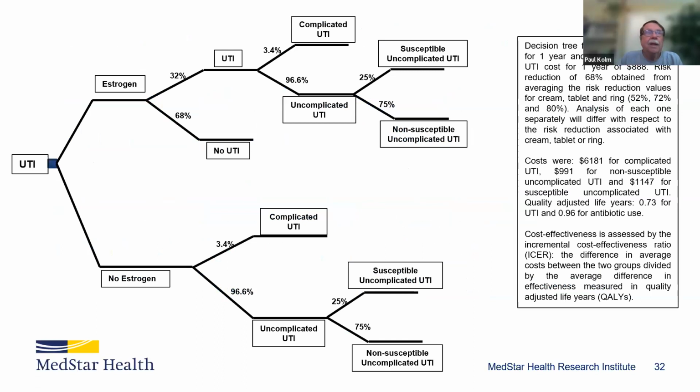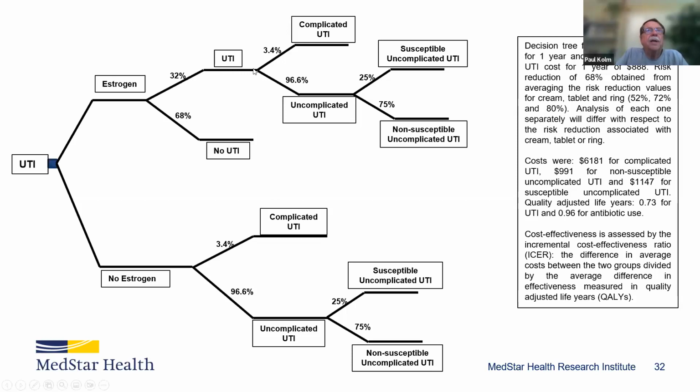So here's an example where the investigators looked at urinary tract infection and estrogen treatment for it. And so these data all came from the literature. For those who got the estrogen treatment, the cure rate was 68%, where after that they had no infection. 32% still had an infection.